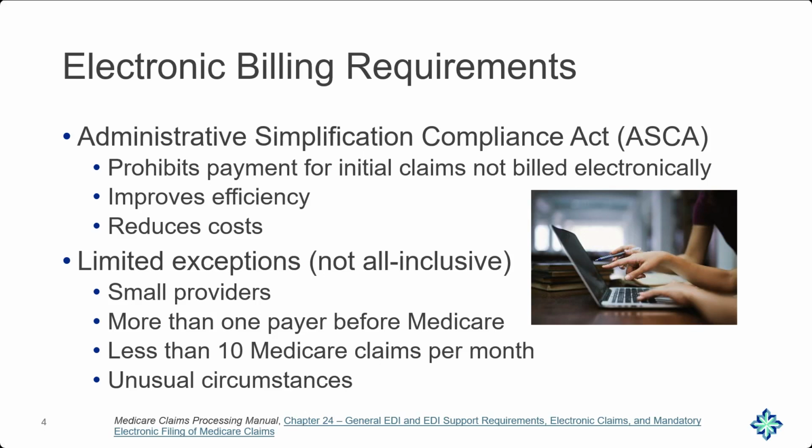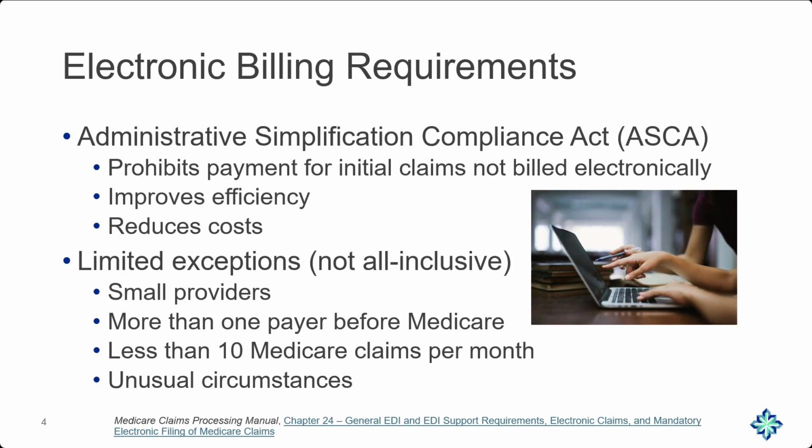There are other exceptions, and some of them are listed here on this slide. It's not an all-inclusive list, but I will tell you where you can find the rest of those exceptions that CMS has outlined. But these are some of the more important ones. Another exception is when there's more than one other insurance that pays before Medicare.